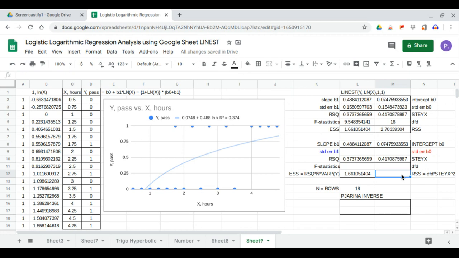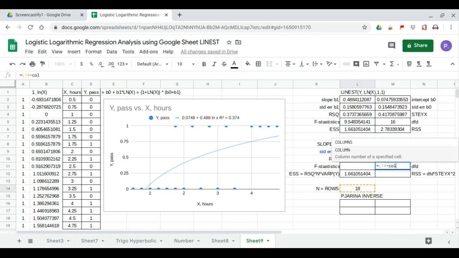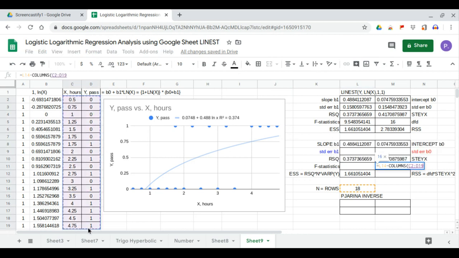Then our degrees of freedom of the denominator will be rows minus columns of the dataset range, and that's 16. Now we can calculate the residual sum of squares, which is degrees of freedom times STEYX to the power 2, which is 2.78339, matches our LINEST output.